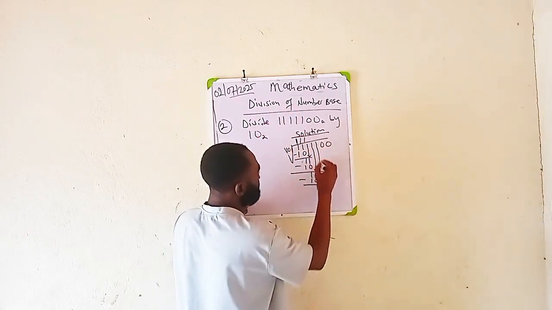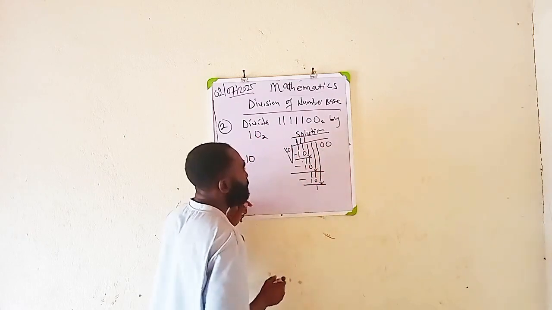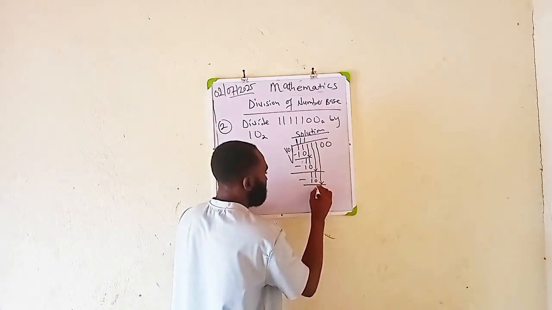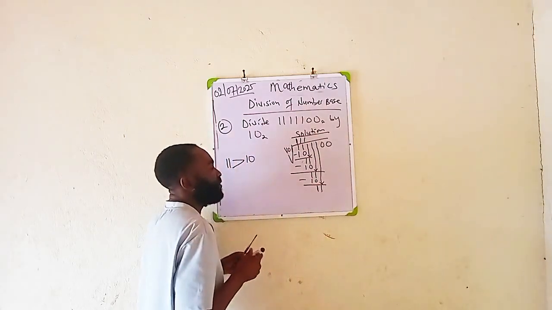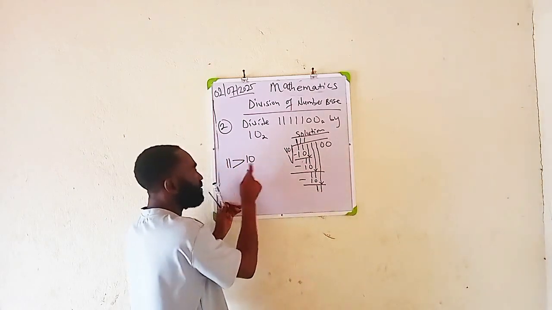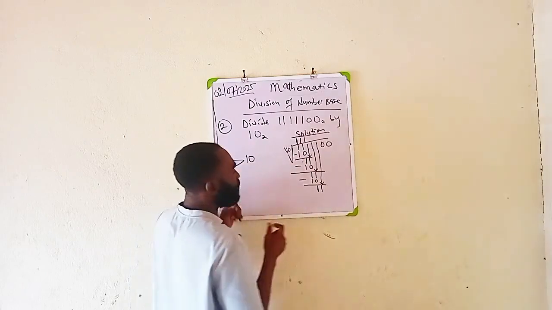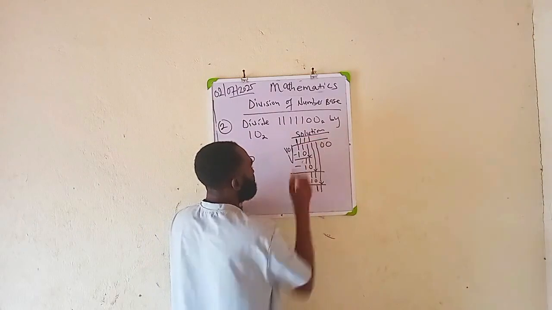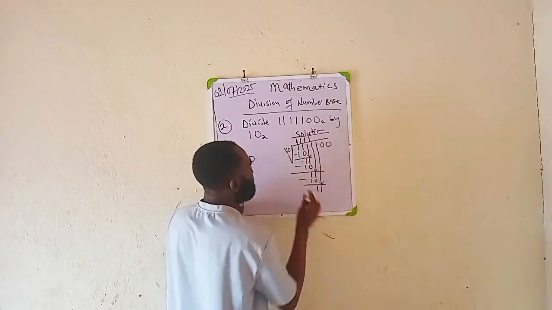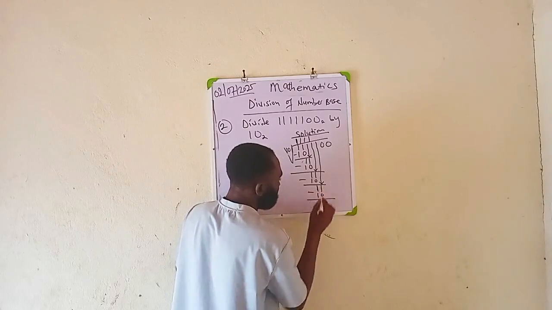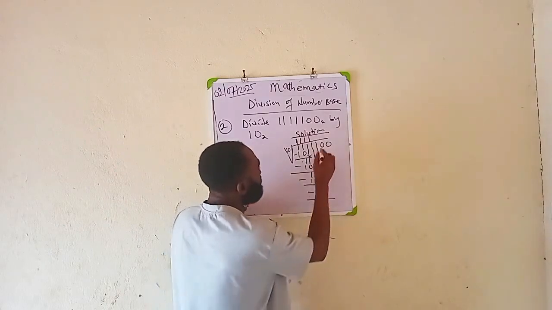And we push the fifth one down. We have 1 again. We discover that we're having the same results. 1 1 is greater than 1 0, so when we divide, we are going to have 1. And 1 times 1 0 will give us 1 0. 1 minus 0 is 1. 1 minus 1 is 0.